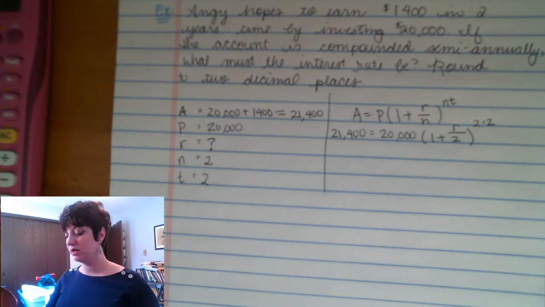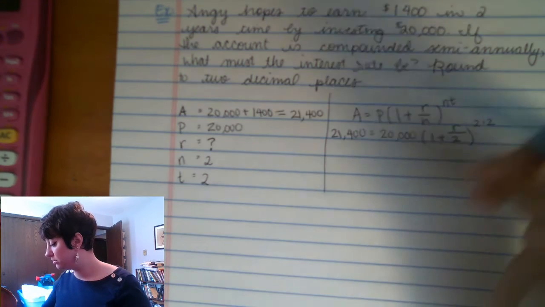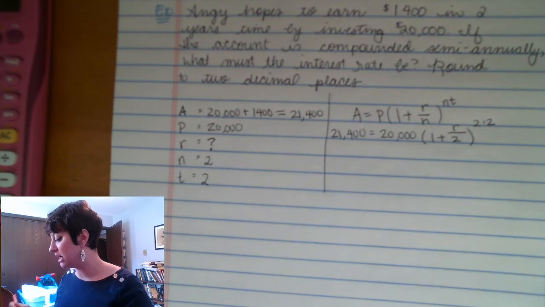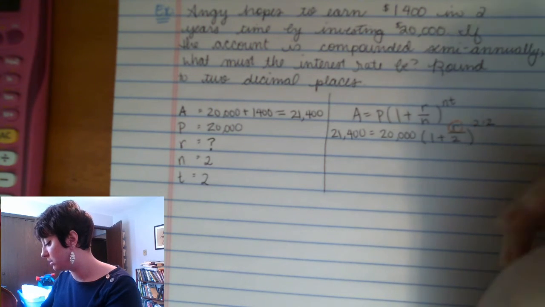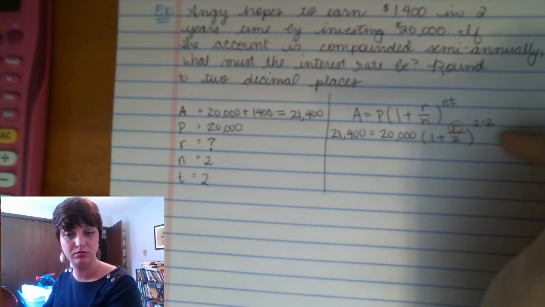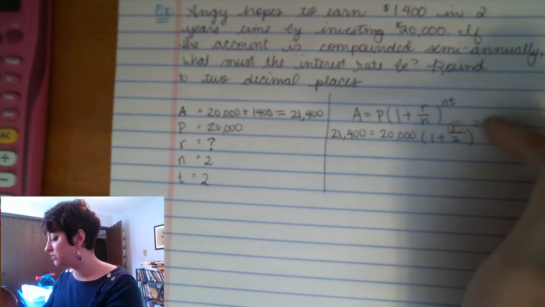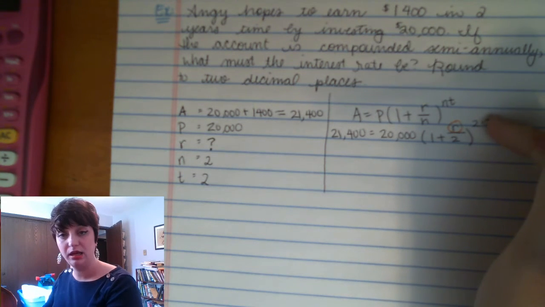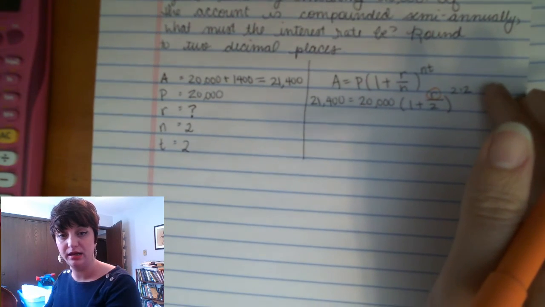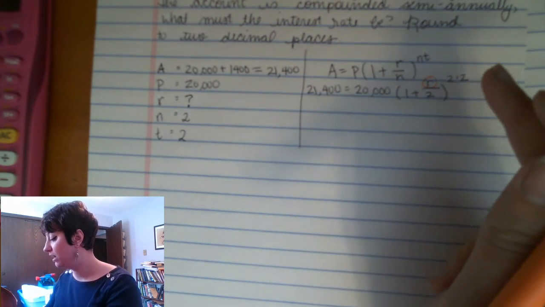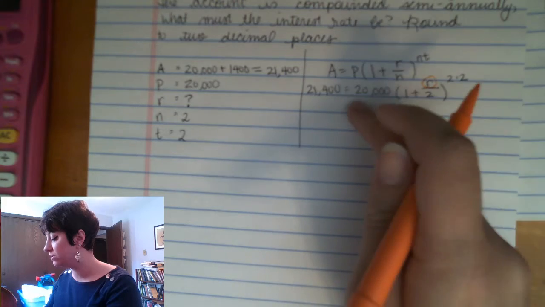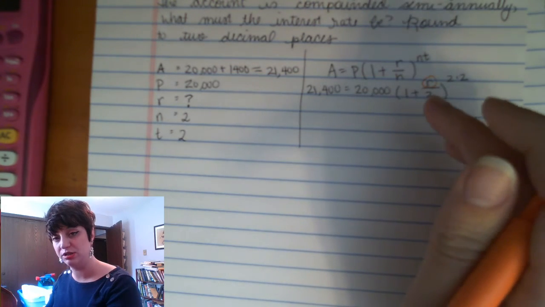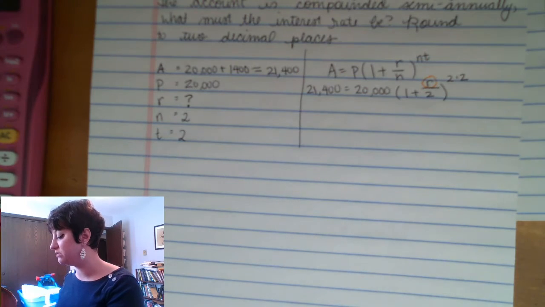Okay, so because I'm looking for R, R is trapped inside of my exponent expression, right? So this is an exponent that I can calculate. This is going to be 4. So this we did basically back in the radical and even the quadratic section. If I take a 4th root, I'd be able to get rid of that power. So in order to take a 4th root, the first thing I'm going to do is isolate the R as much as I can, which means divide both sides by 20,000.